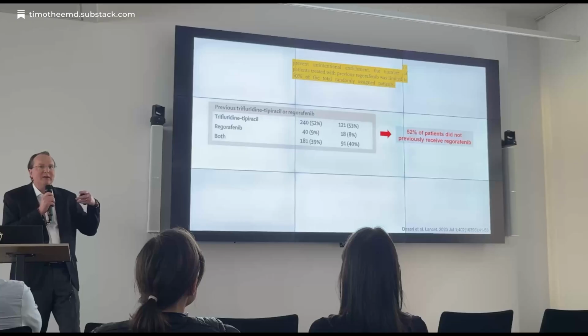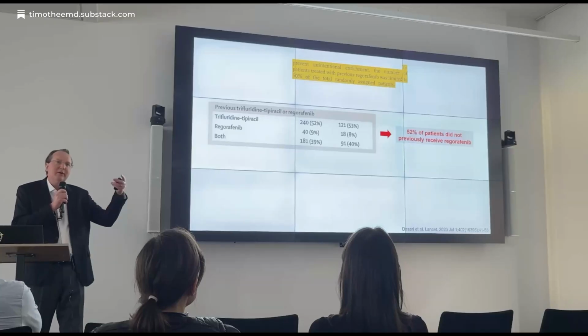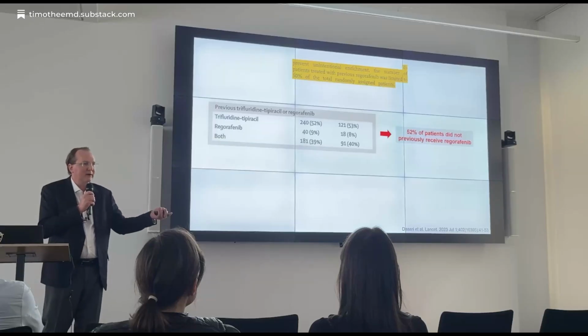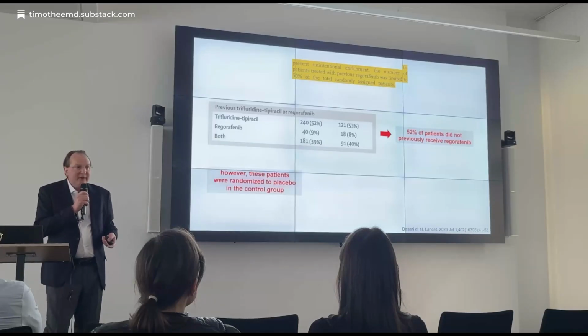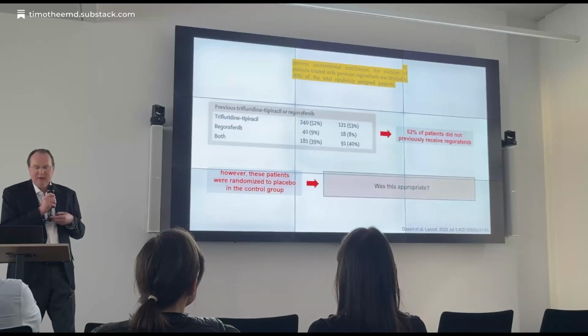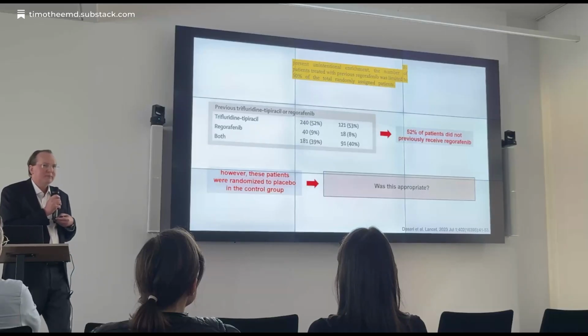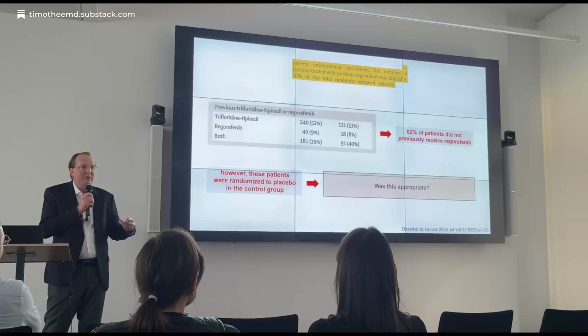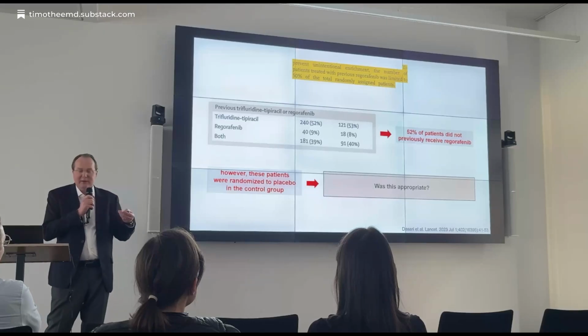And as we have seen in the CORRECT trial, years before, regorafenib is a life-prolonging therapy. So do you think it's ethical, appropriate to randomize these patients to placebo in the control group? And I think everybody has the answer, but there is another way to look at this, which is to see subsequent therapy.